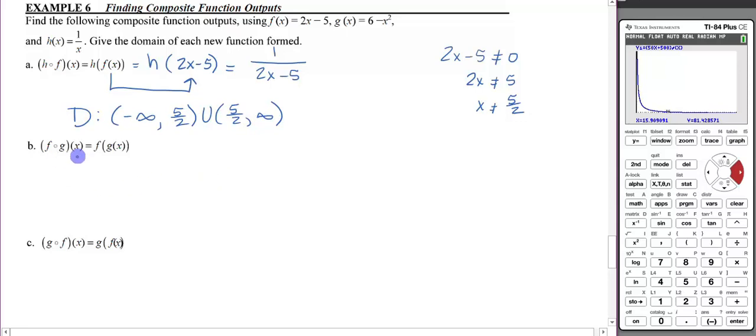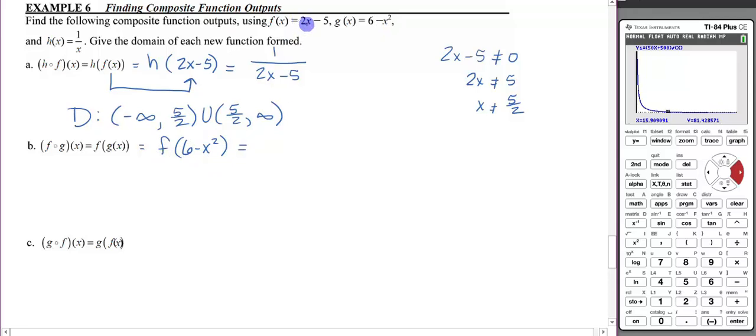F composed of g of x, which by definition is f of g of x. We first work on the inside function. G of x is 6 minus x squared. Now we take that 6 minus x squared and put it inside the f function. What does the f function do?